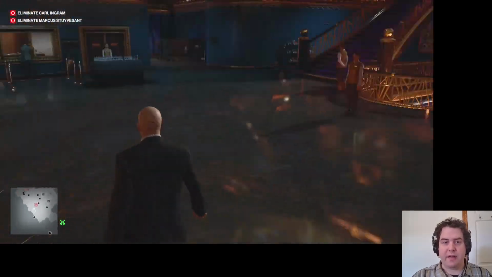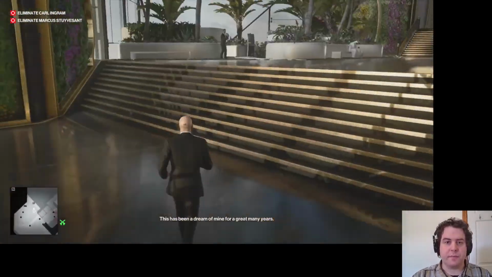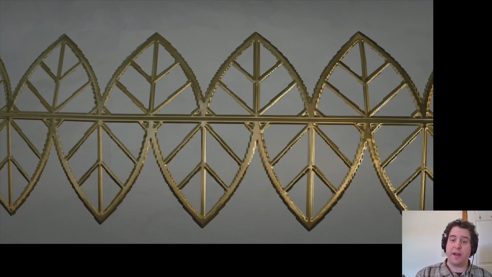On the other hand, if we take a look at this particular texture, we can see the rounded edges that are characteristic of alpha thresholding.